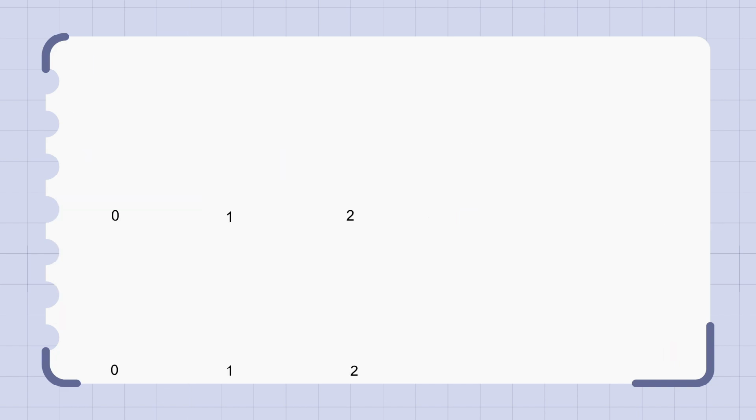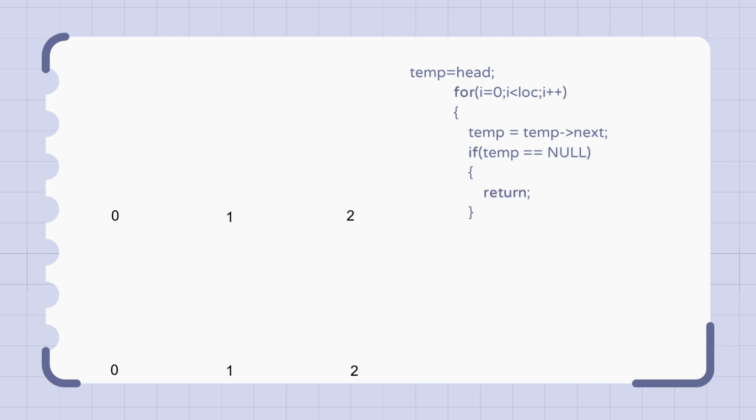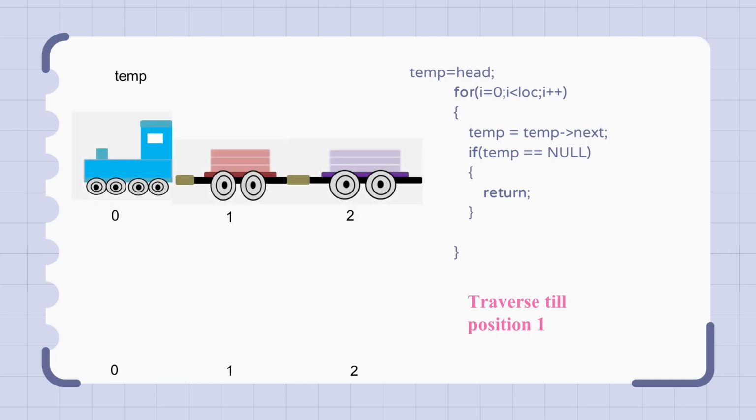For this purpose, we have a temp pointer initially pointing to head. Keep traversing the temp pointer until we reach the desired position after which we want to insert the node. So we keep traversing the temp pointer till we reach position 1.